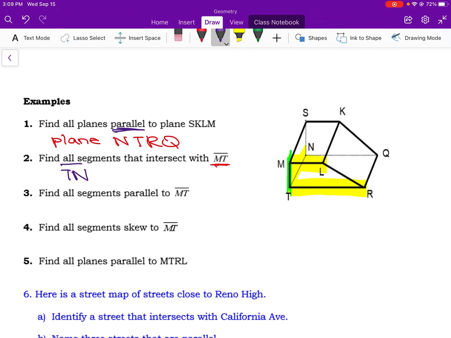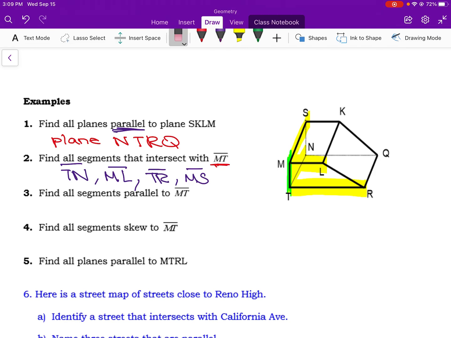So we can specify that TN intersects with MT, I have ML intersecting with MT, and I have TR intersecting with MT. Let's see, I think we missed even the top one because we actually have two endpoints and they each have two jutting out of them. So this one as well, MS. So segment MS.